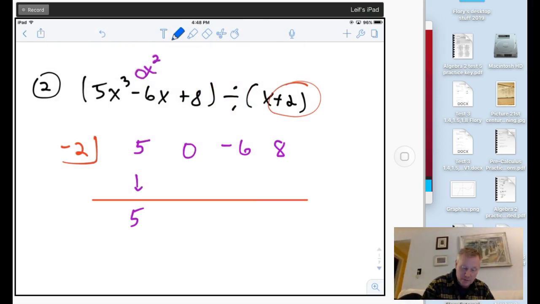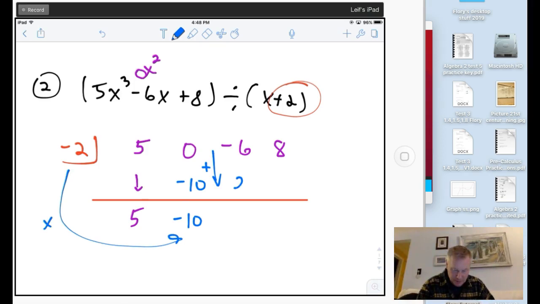Negative 2 times 5 is negative 10, and add, gives me negative 10. Multiply. Negative 2 times negative 10 is positive 20. Add straight down, I get 10. Multiply again. Negative 2 times 14 is negative 28. And then I add straight down and I get negative 20 as my remainder.